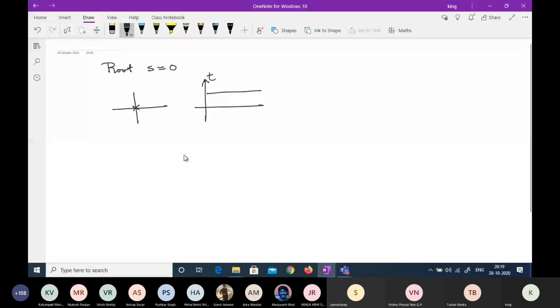Then we can consider roots of the form plus minus j omega.